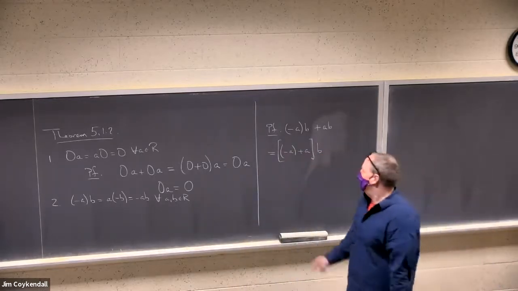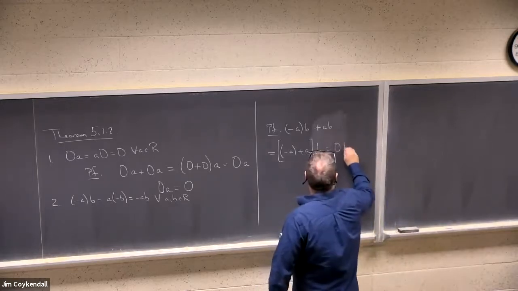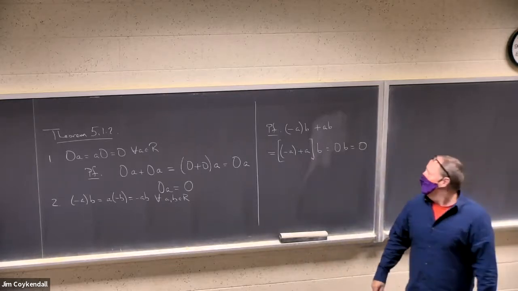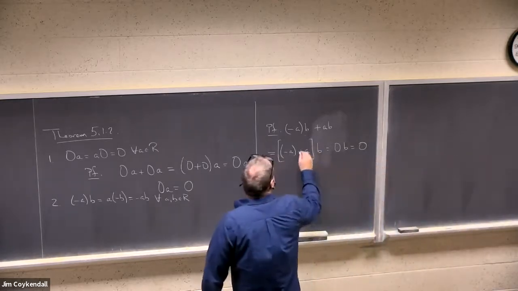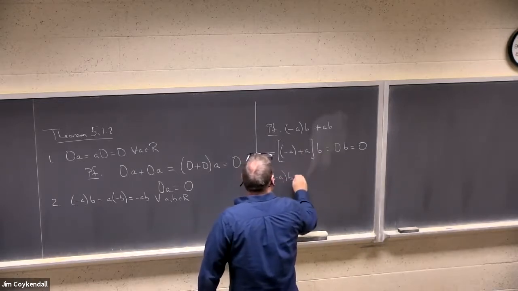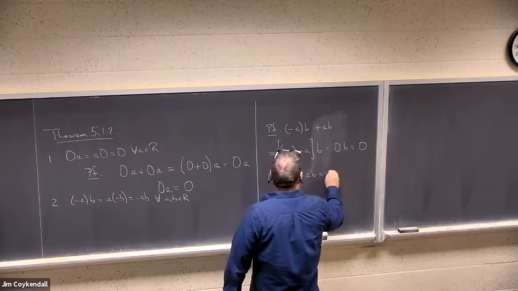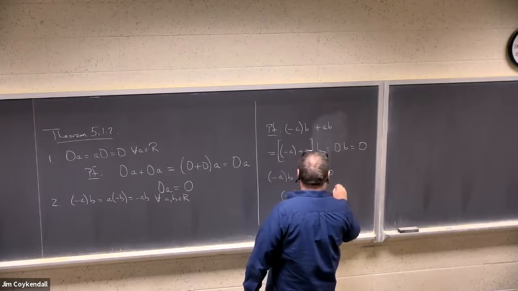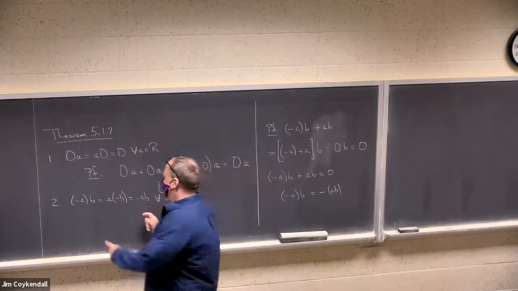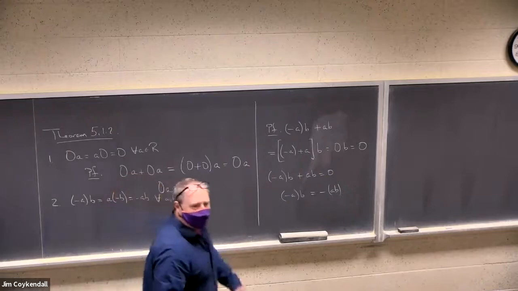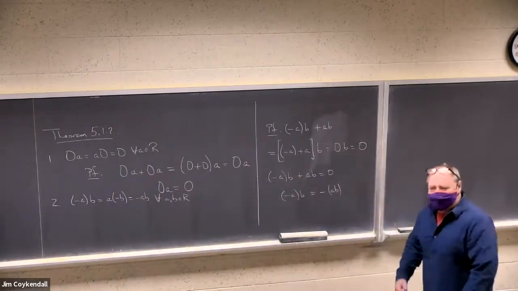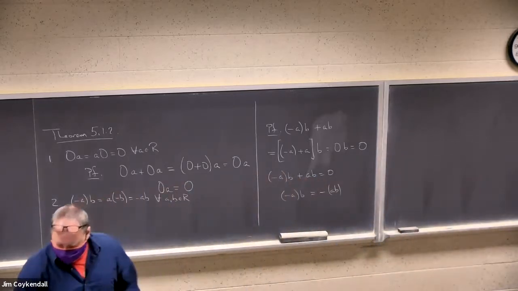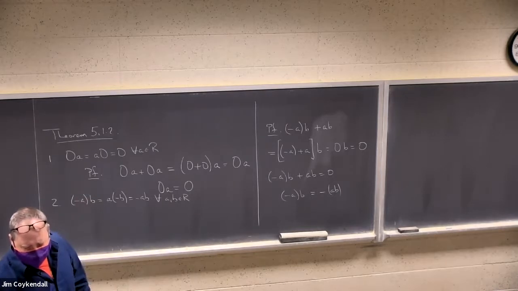I can suck that B out of this side. And that's 0 times B, which is 0 by part 1. And so what does this mean? This means that minus A, B, plus AB is 0, which is equivalent to saying that minus A times B is minus AB, which is this part. Now do it from the other side of this part. So that's the way these kind of things work out.